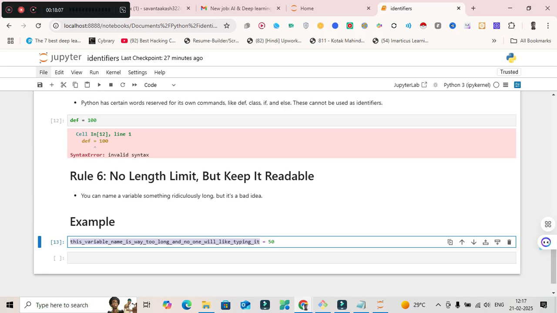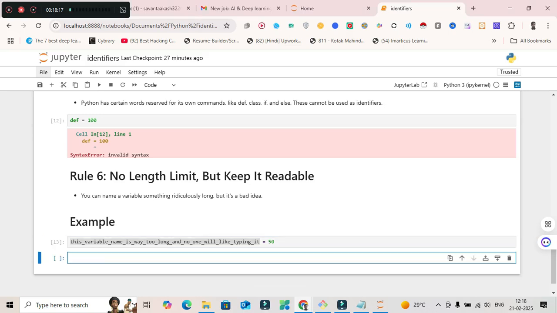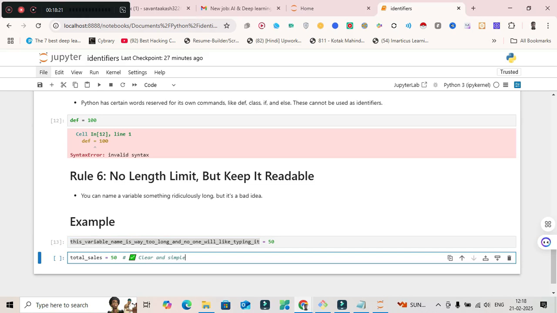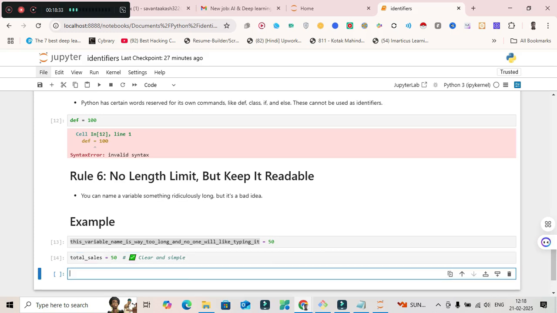No, right? A better way, if we wanted to refactor it, is something like this: clear and simple. It should be clear, and everyone should understand what this particular name is all about.